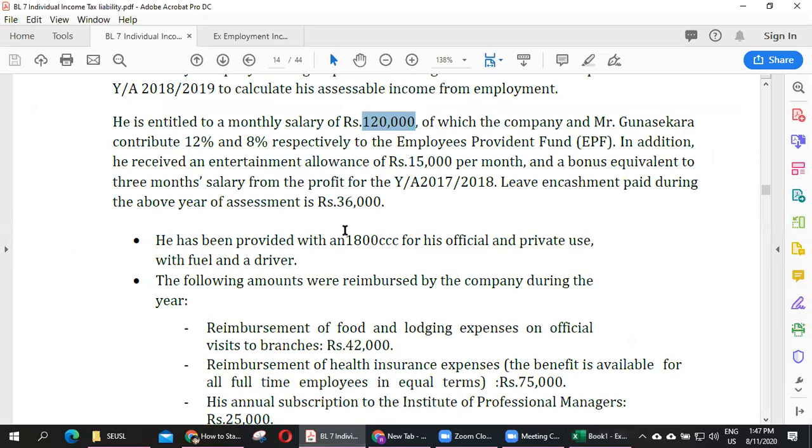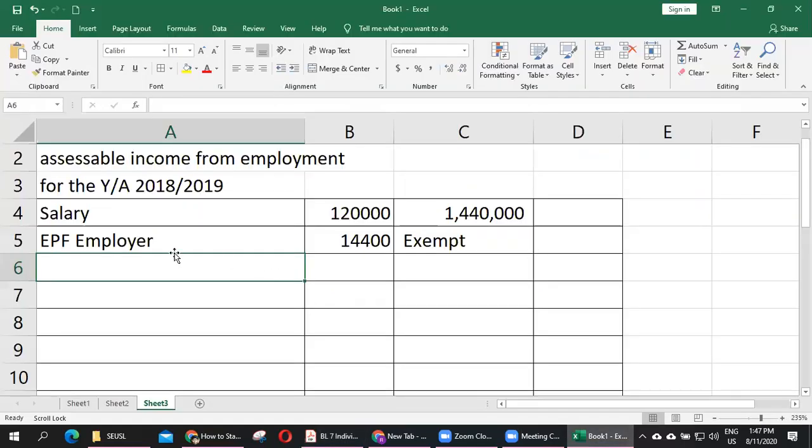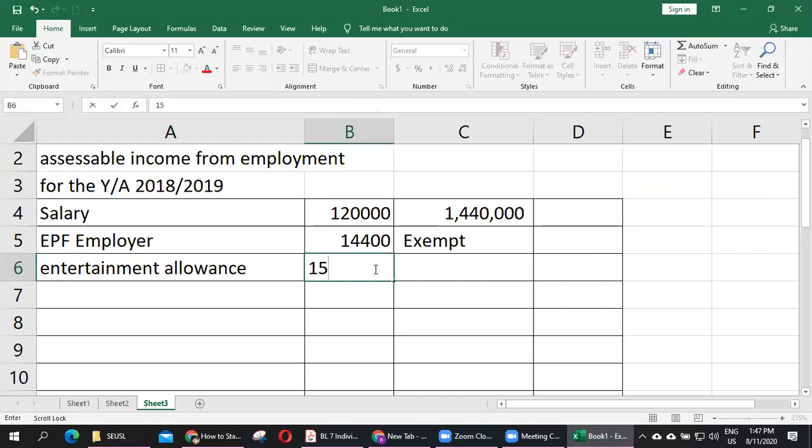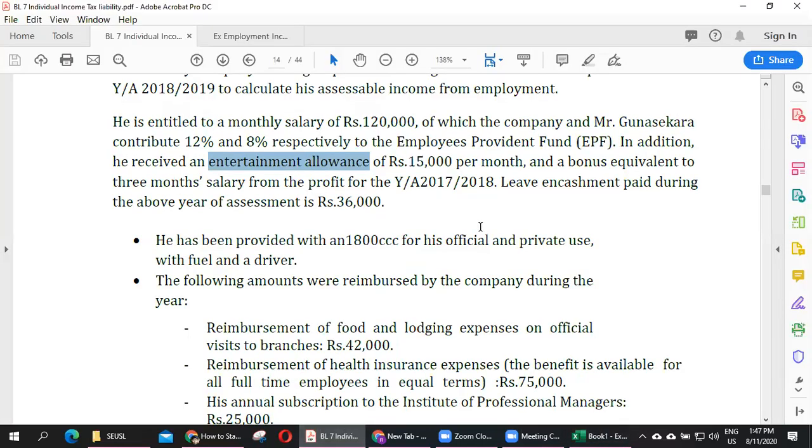Okay. Then in addition, he receives an entertainment allowance of 15,000 per month. Therefore, how much per year? 12 times 15,000 is 180,000 as entertainment allowance. And a bonus equivalent to 3 months salary.